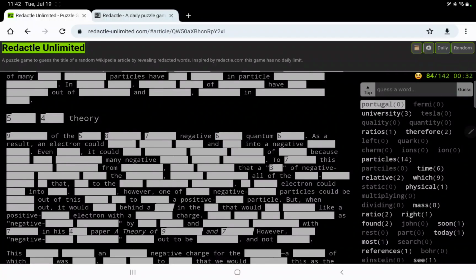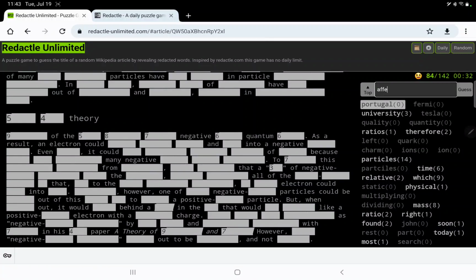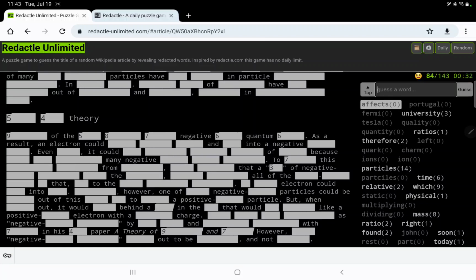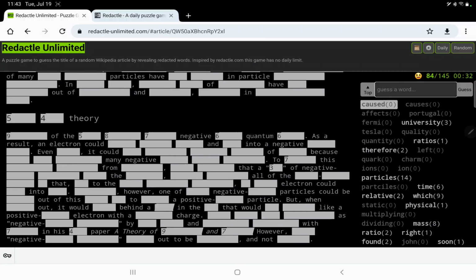9 of the 587 negative 6 quantum 6. Where's the verb in that sentence? Maybe the 7-letter word? Affects, causes, caused. Did I do by yet? Yeah, I did. Or no, it's not redacted.